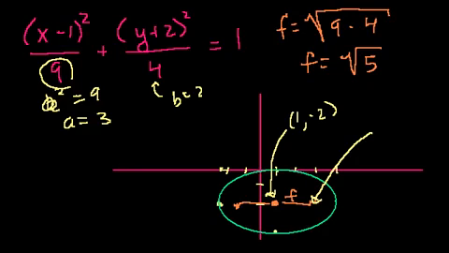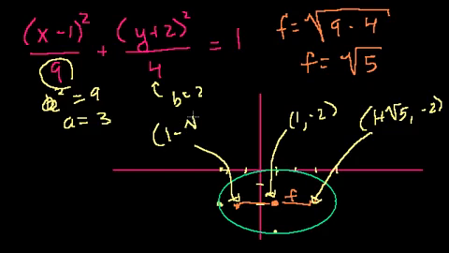The coordinate of this focus right there is going to be 1 plus the square root of 5 comma minus 2. And the coordinate of this focus right there is going to be 1 minus the square root of 5 comma minus 2. And all I did is I took the focal length, and since we're along the major axis or the x-axis, I just add and subtract this from the x-coordinate to get these two coordinates right there.